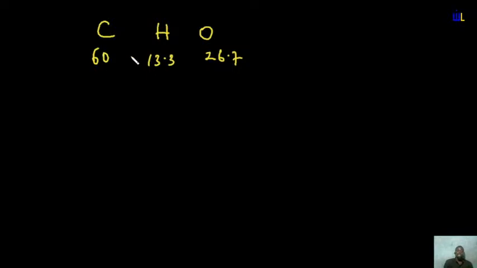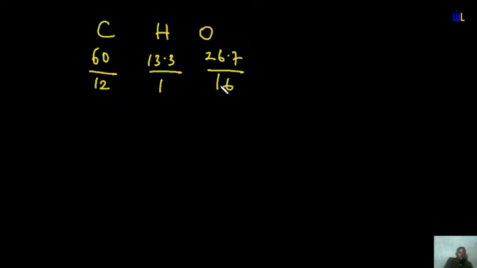Now, after you are done identifying the percentage compositions, because they did not give us as mole, we need to apply step 3. Step 3 says divide each of them by their corresponding atomic masses. Atomic mass of carbon is 12, so divide by 12. That of hydrogen is 1, so divide by 1. That of oxygen is 16, divide by 16.